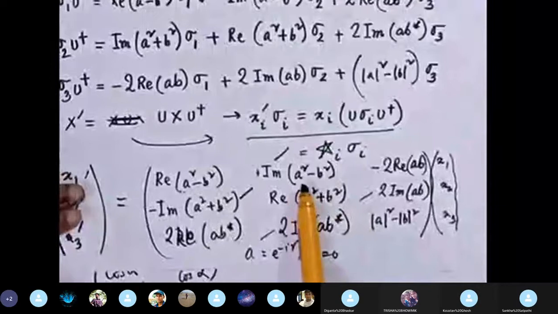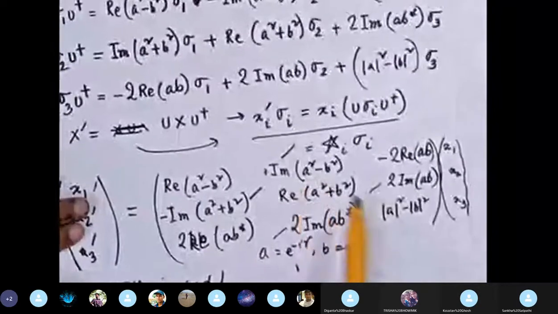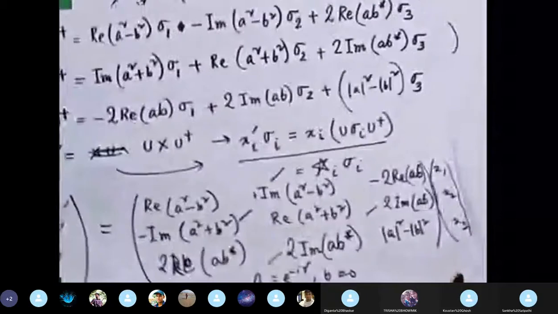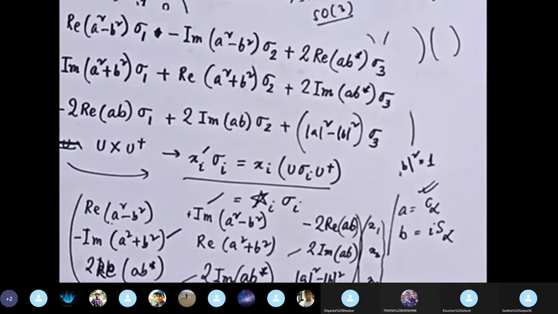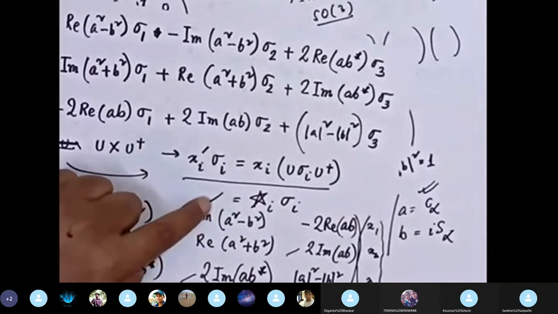This term is what? Zero. Yeah, because A square, B square is real, so it is 0.